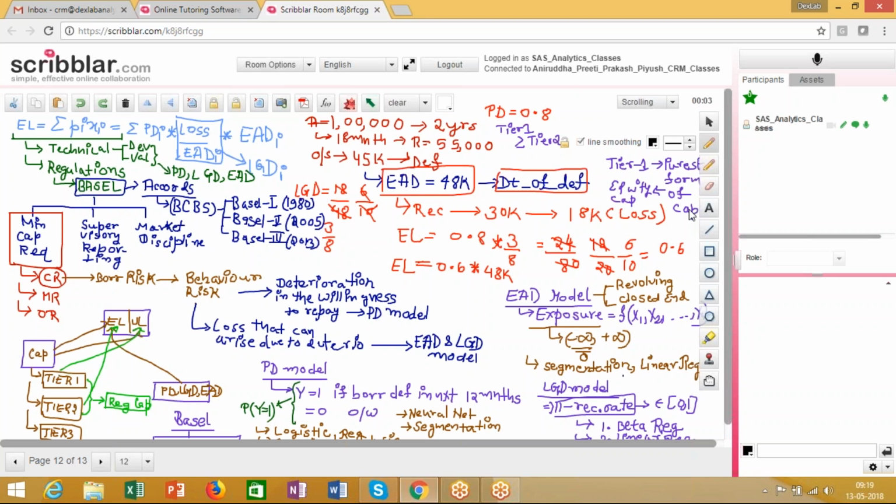So, over here, what we get to see is that the bank needs to keep aside funds to absorb these three kinds of losses. First is the expected loss. The second source of loss is the unexpected loss, and the third is your potential loss, right?